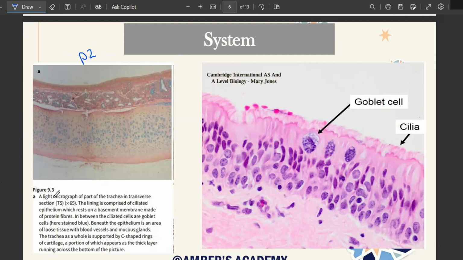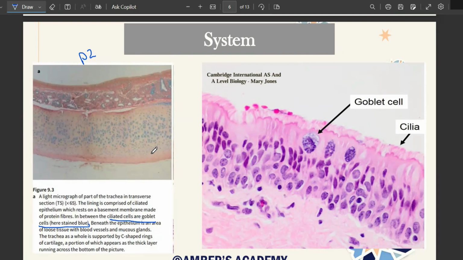This diagram is a light micrograph of a part of your trachea in transverse section. The lining is comprised of ciliated epithelium, which rests on a basement membrane made of protein fibers. In between the ciliated cells are goblet cells, here stained blue. They might give you this diagram and you'll have to label where goblet cells are present.